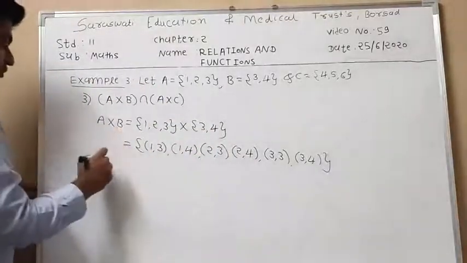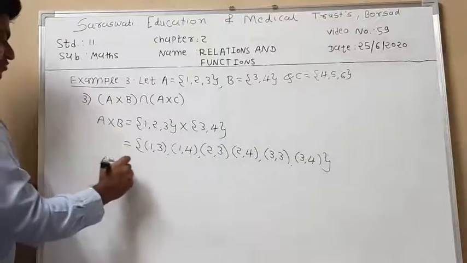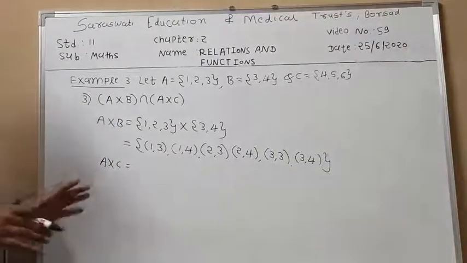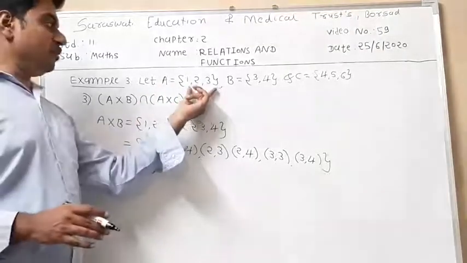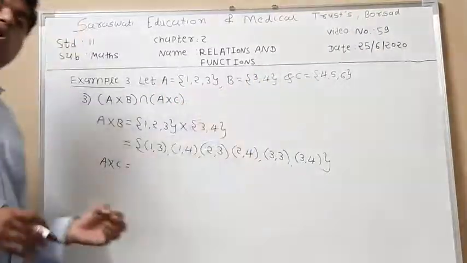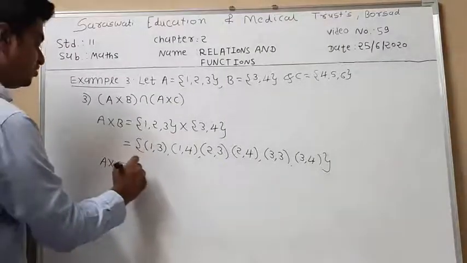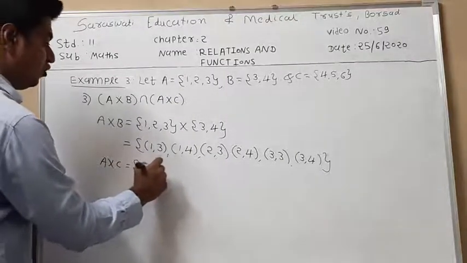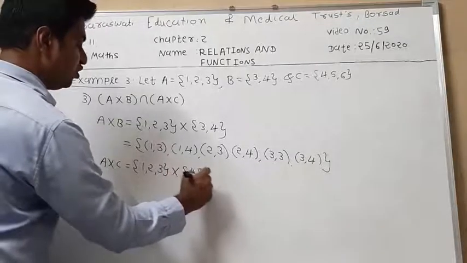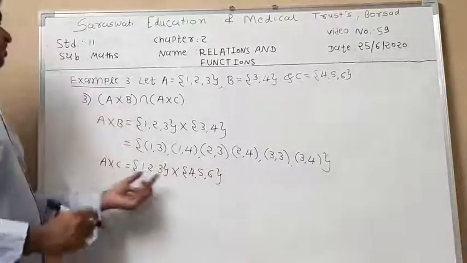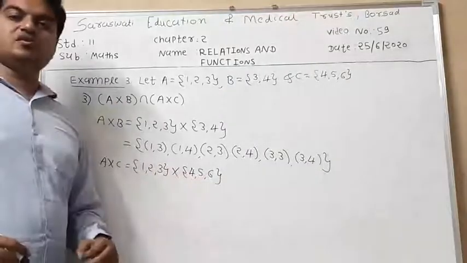Now after that find out A Cartesian product of C. A Cartesian product of C, that means we write all the elements of set A and then all the elements of set C. So here {1, 2, 3} Cartesian product C, that means {4, 5, 6}. Here 3 elements are present, here also 3 elements are present.